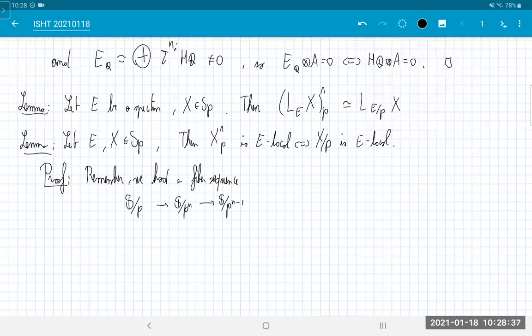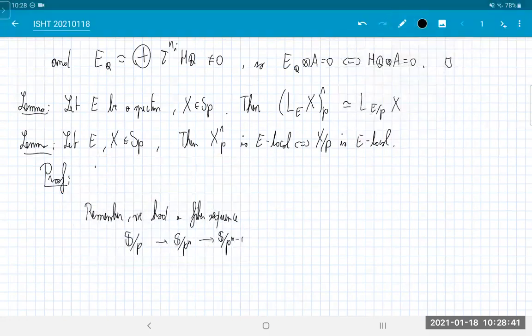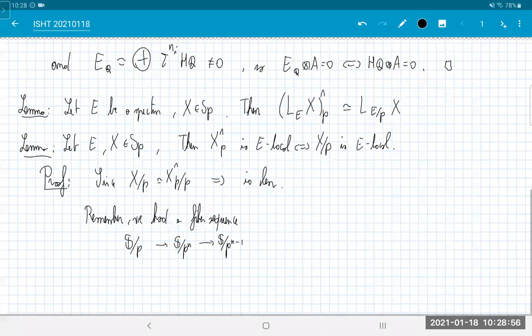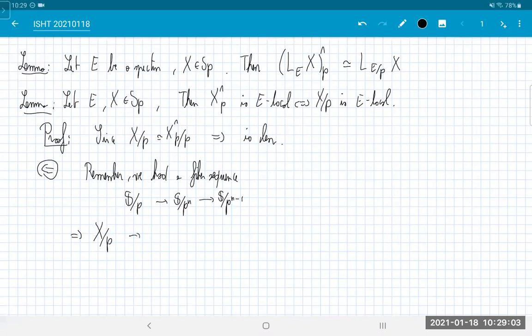Sorry, before I say this, I should say that one implication is clear, since X mod p is the p-completion mod p. Sorry, I forgot to mention that. Now we need to do the other implication. Remember, we have a fiber sequence like this.